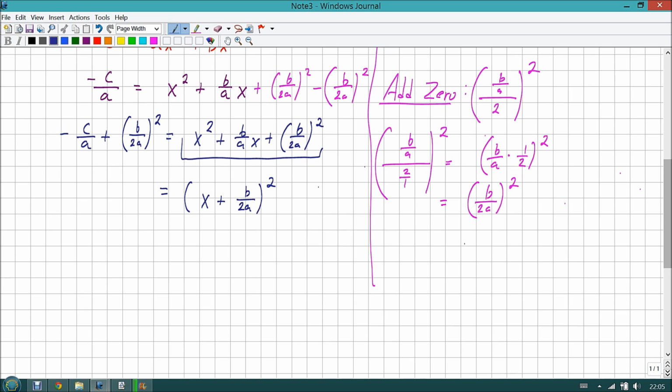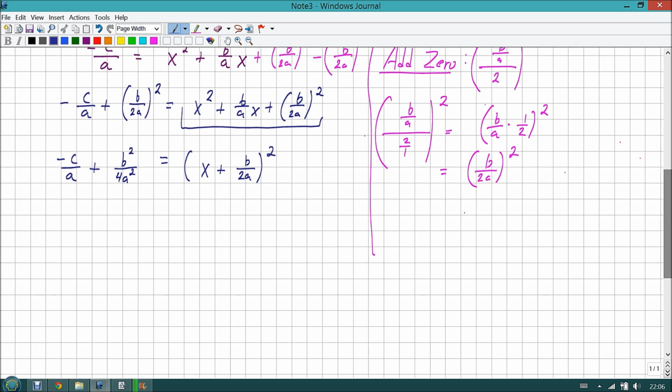On the left-hand side, we've got a lot of work to do here. Alright, so I've got a negative c over a. He's going to be left alone. But I'm going to have to square this b over 2a squared. So that becomes b squared over 4a squared. Now I've got to convert those and get a common denominator between these two.